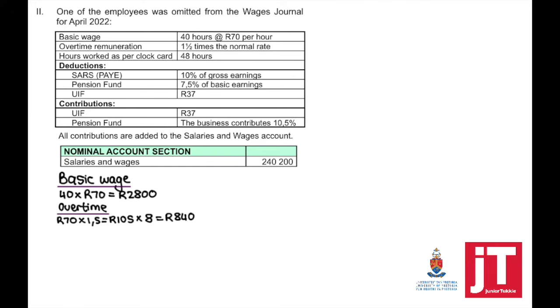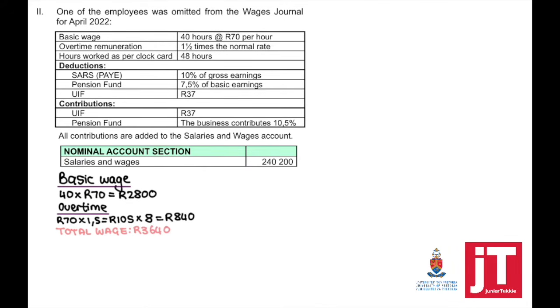But we first need to find out the rate for overtime. If it's 1.5 times the normal rate, we're going to say times 70 times 1.5. Then we're going to times it by 8. The total wage is my basic wage plus the overtime.